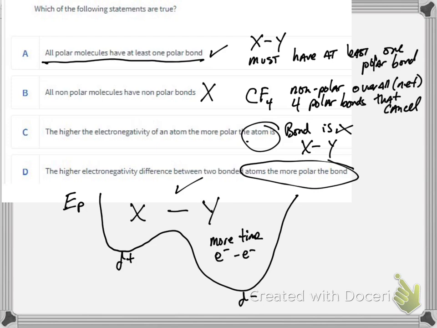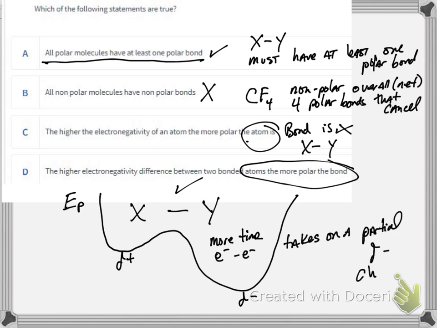By spending more time around Y, Y takes on a partial negative charge because it's more stable, lower potential energy. X is less stable, higher potential energy. The electrons spend less time around it, and it takes on a partial positive charge.